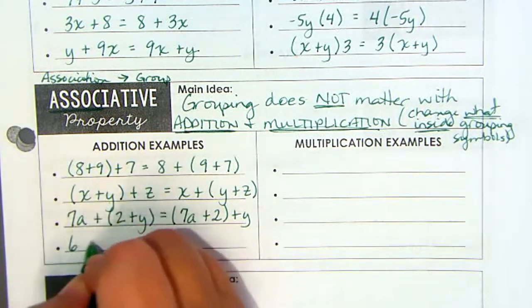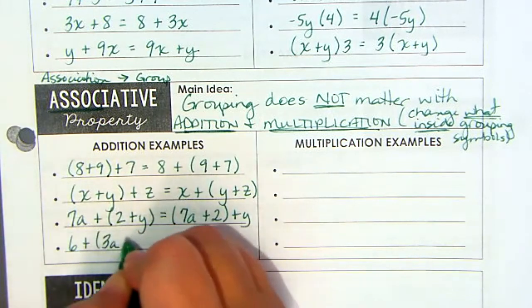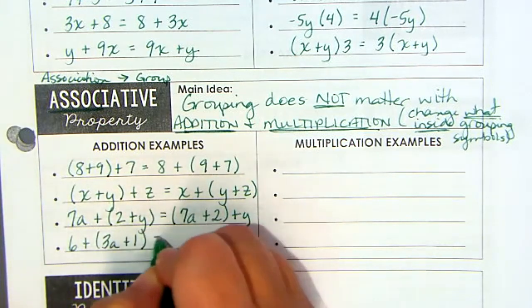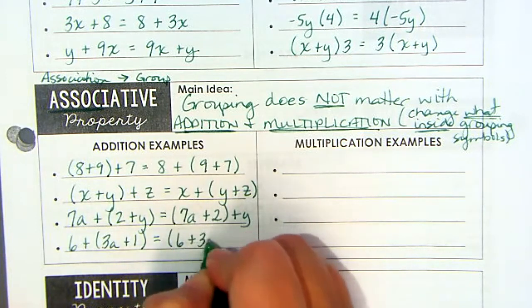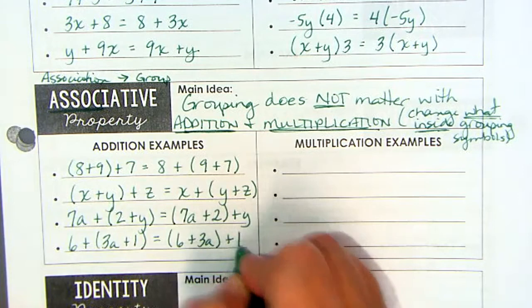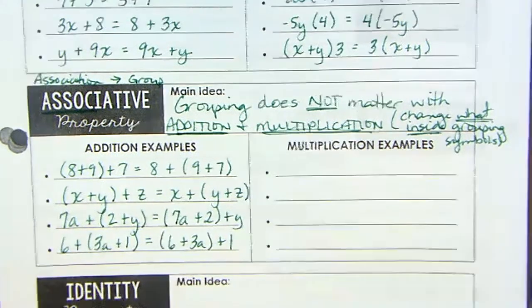Last example for addition, 6 plus, open parentheses, 3a plus 1, close parentheses, equals, open parentheses, 6 plus 3a, close parentheses, plus 1. Now let's look at it for multiplication.